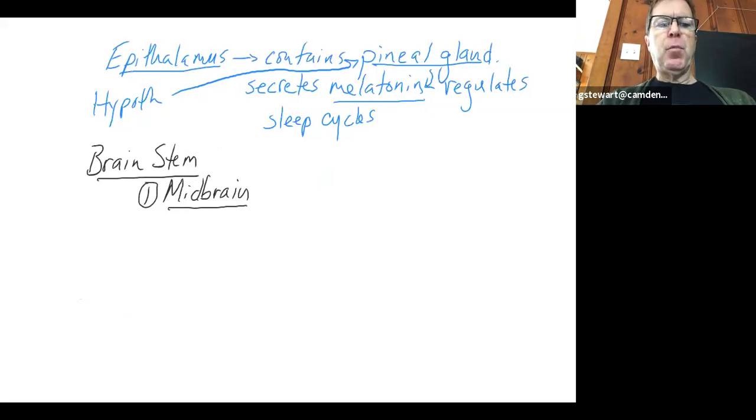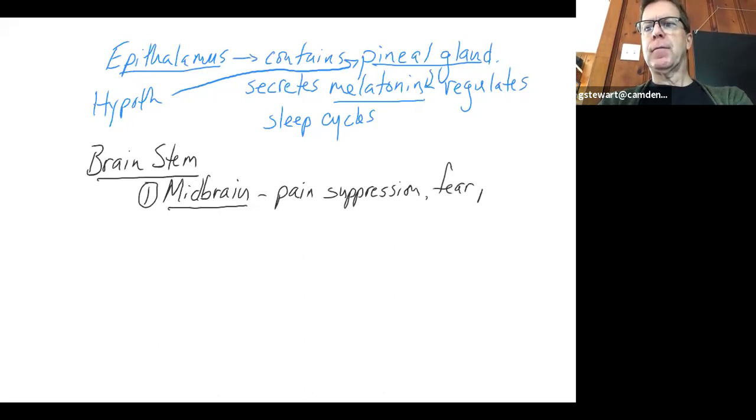The midbrain is involved with things like, I'll mention this again later, pain suppression. Just going to list a few of its major functions. Fear perception, major eye functions and reflexes.